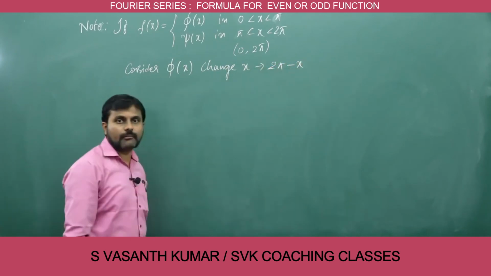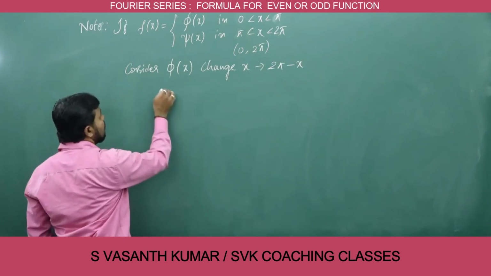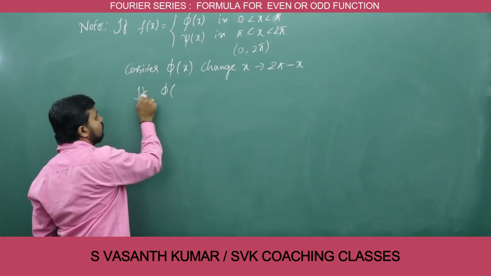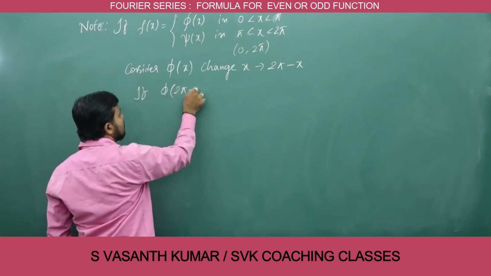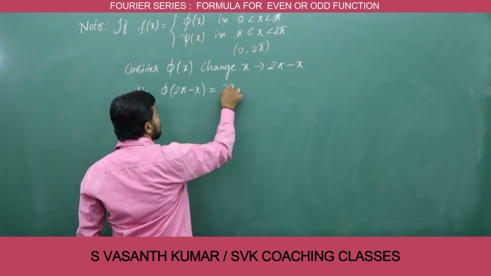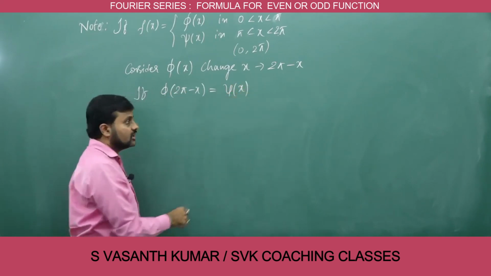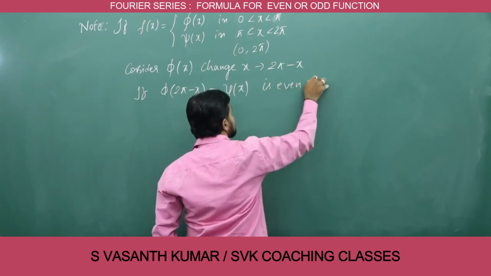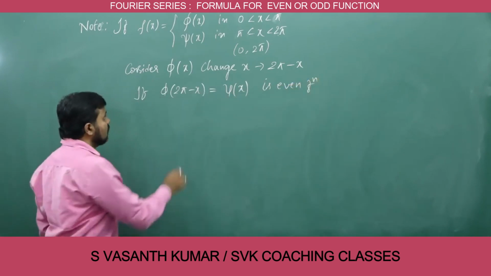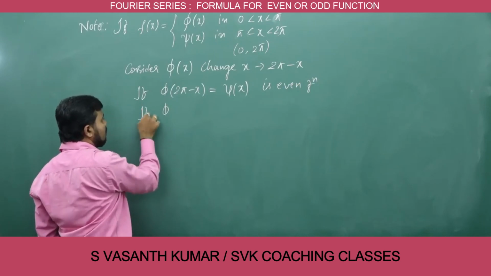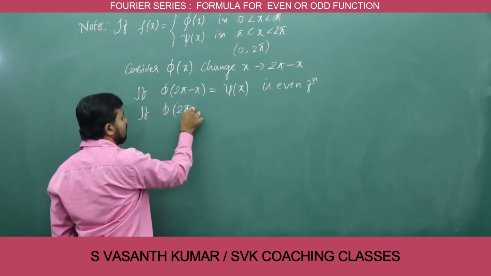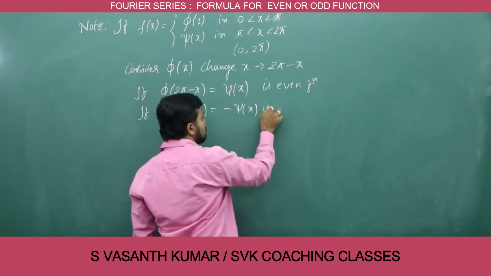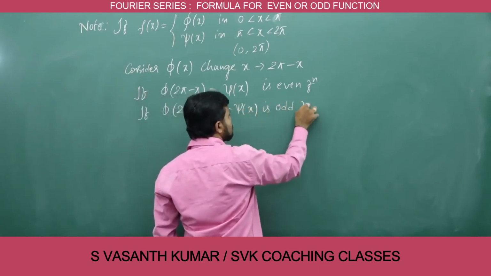If phi of 2 pi minus x is equal to psi of x, then such a function is called an even function. In case phi of 2 pi minus x gives back minus psi of x, then such a function is called an odd function.